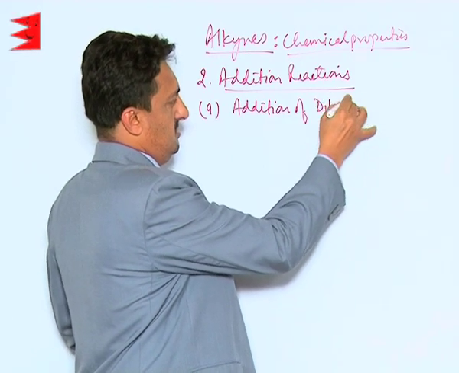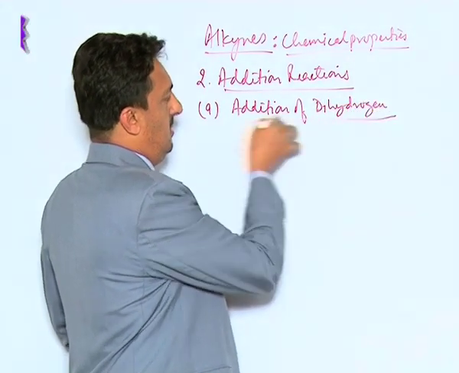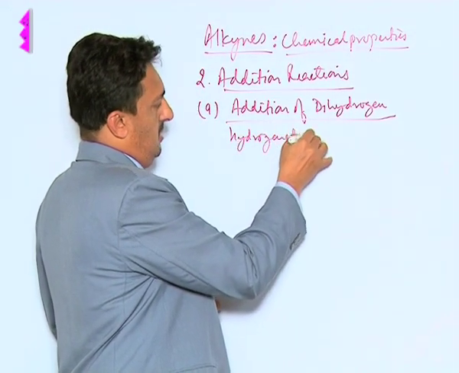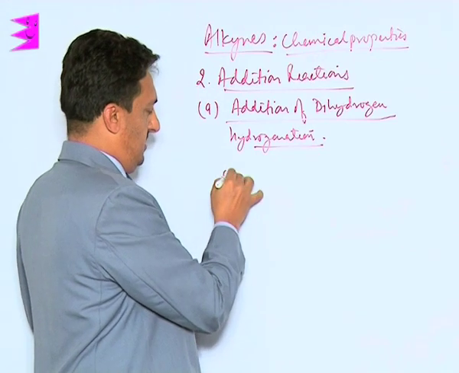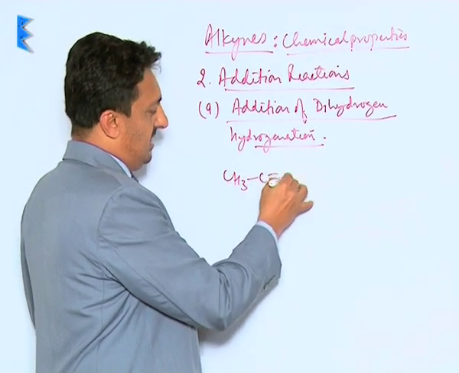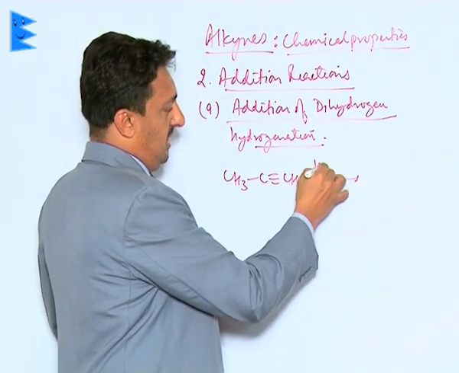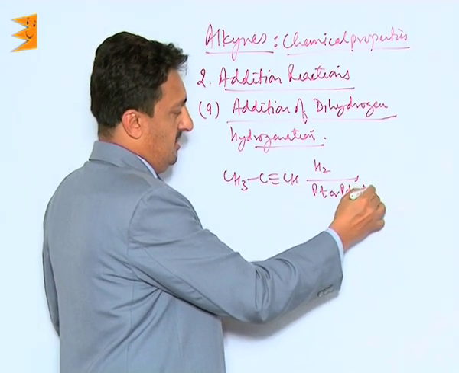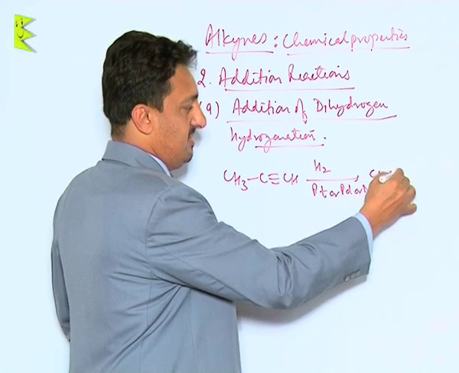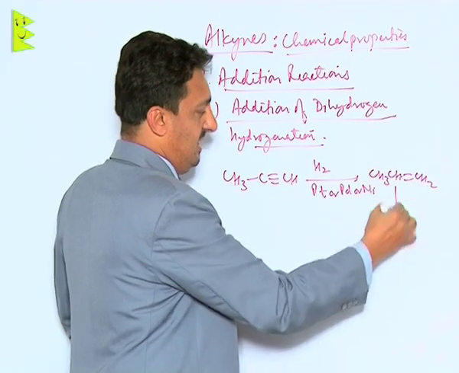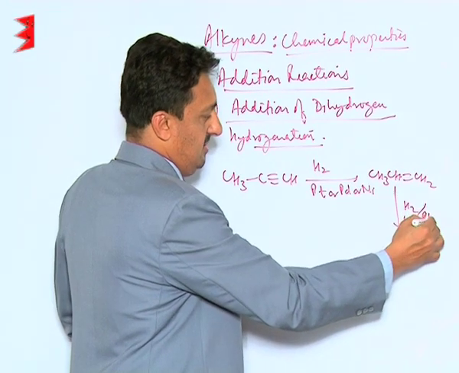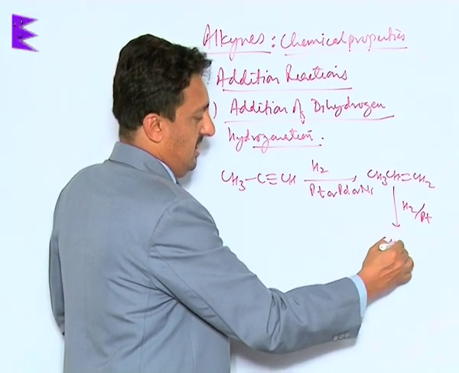dihydrogen, which is also called hydrogenation. We can take any alkyne and we can add hydrogen in presence of platinum or palladium or Raney nickel, and this gives us first the alkene, and when repeated, this reaction again gives us alkane.